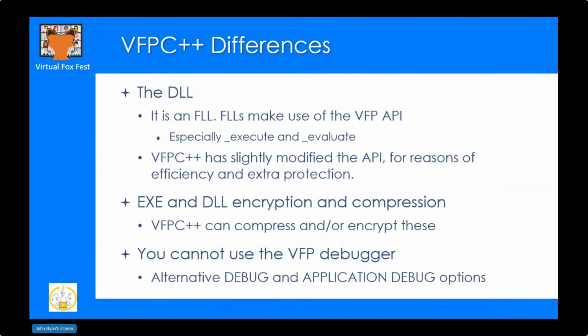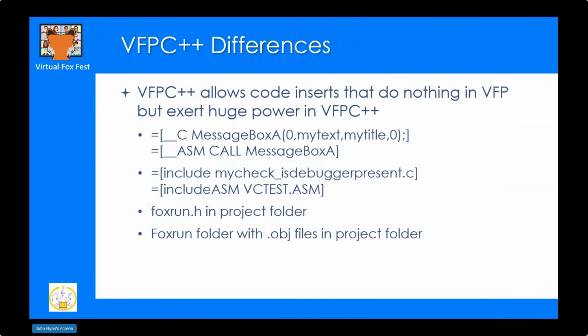And recent versions have also got an extra API to establish the name table index. Don't have to worry about that too much, but it's clever stuff. VFP C++ compiler can also compress and encrypt your executable and DLL using that UPX that we saw earlier. And just remember, you can't use the VFP debugger anymore because the code's now in a DLL, but there are alternatives. I've already showed you one that's quite useful, and there's another option you can use.